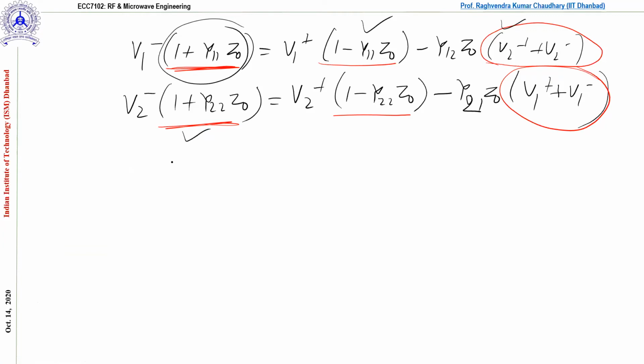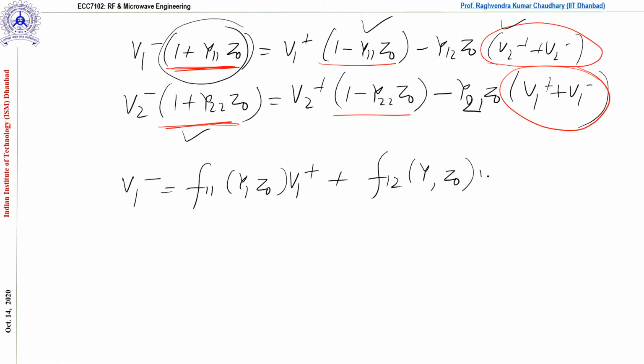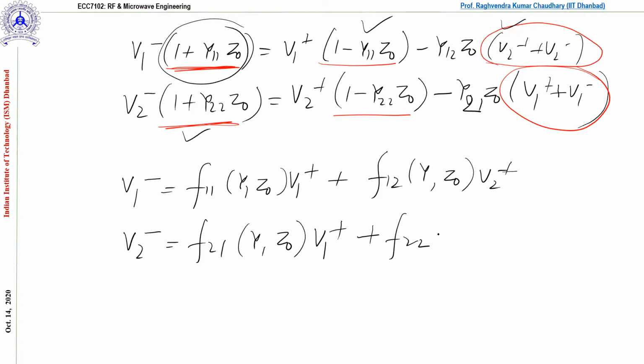So V1 minus is equal to f11(Y, Z0) V1 plus plus f12(Y, Z0) V2 plus, and V2 minus is equal to f21(Y, Z0) V1 plus plus f22(Y, Z0) V2 plus.